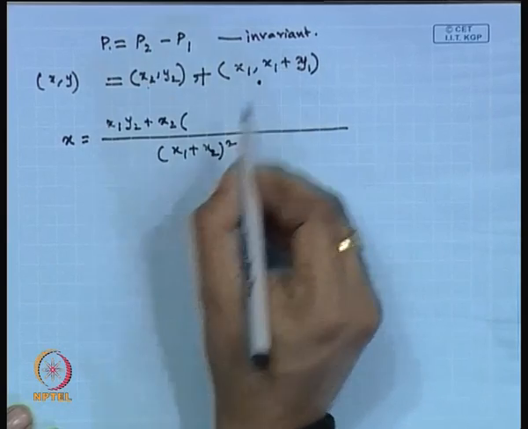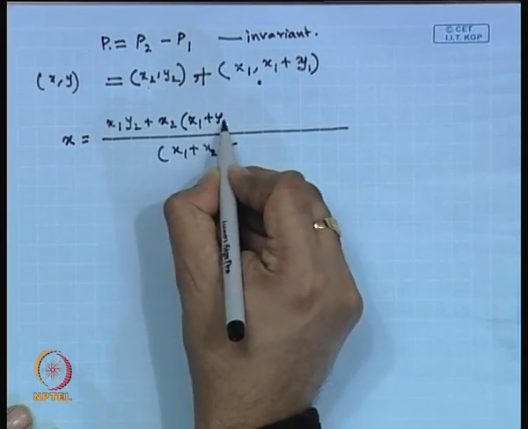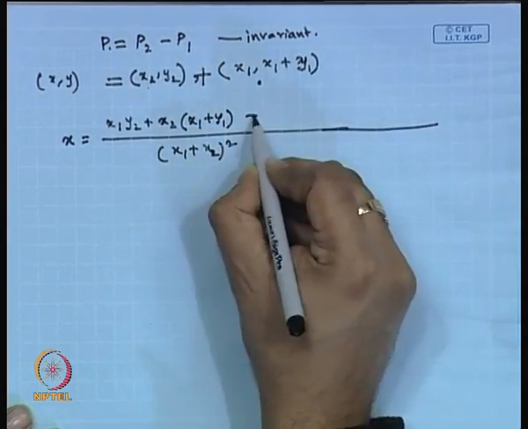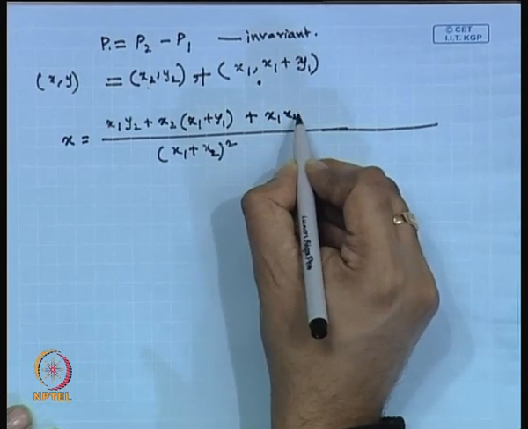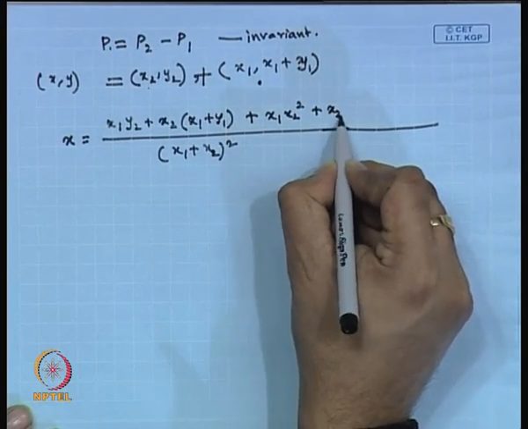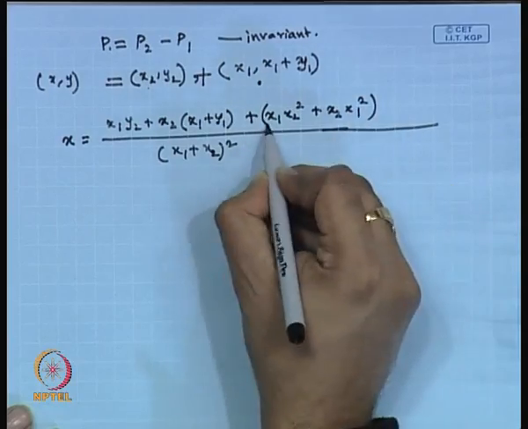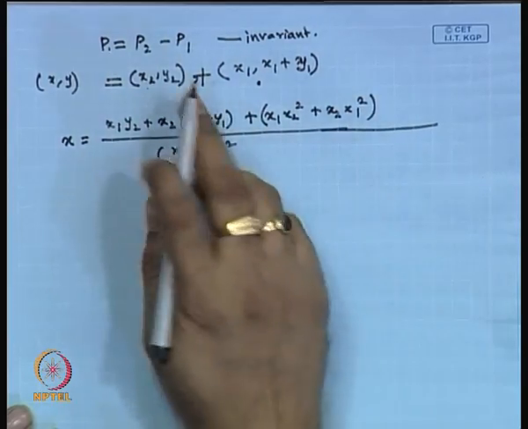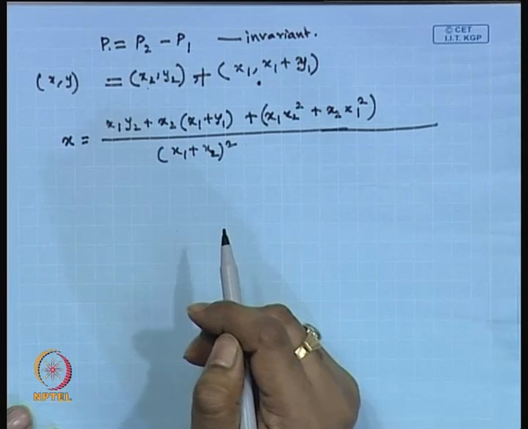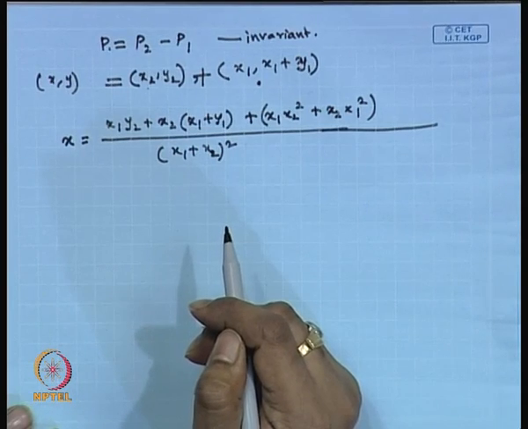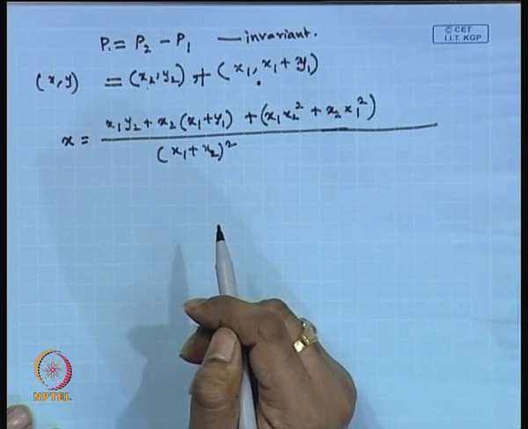So, you can actually use this y coordinate as x1 plus y1 plus x1 x2 square plus x2 x1 square, right. Basically, I am adding up these two things and using the previous result, right. So, similarly, you can add up these terms. Okay.